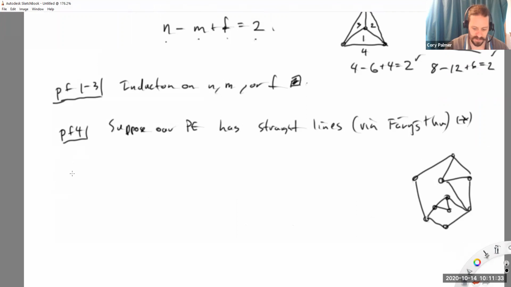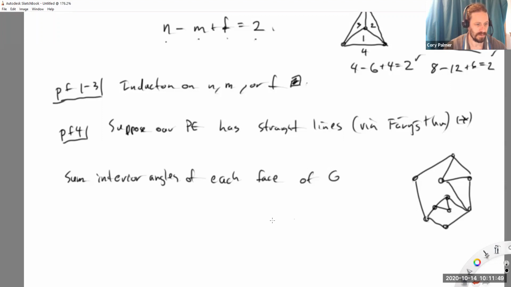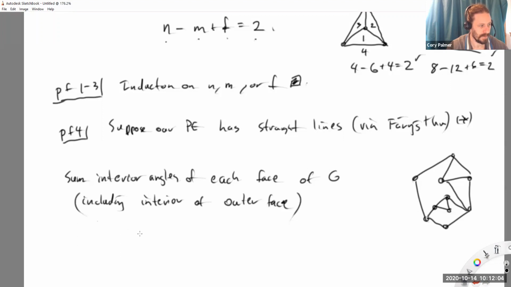And what we're going to do is sum the interior angles of each face of G, including, this part's a little weird, the interior of the outer face. Put this in parentheses.